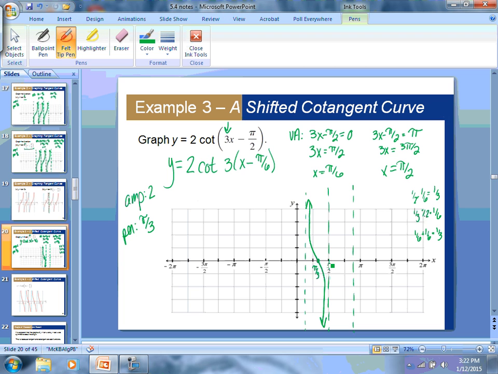I'd divide it by 2, I'd get a sixth. That's good because I was adding a sixth here and adding a sixth here. So I want to keep adding another sixth. If I did 1/2 plus a sixth, right about here, I would get 2 pi over 3. So 2 pi over 3 would be that halfway point between those asymptotes.